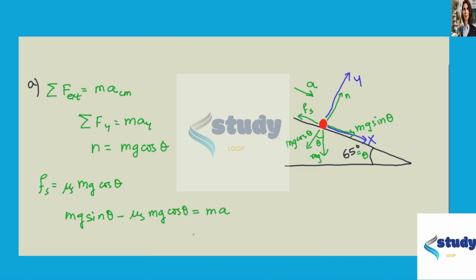From here, if we get rid of the m's, we get g times (sine theta minus mu s cosine theta) equal to a. Right, so we have figured out the equations of motion for the linear direction.